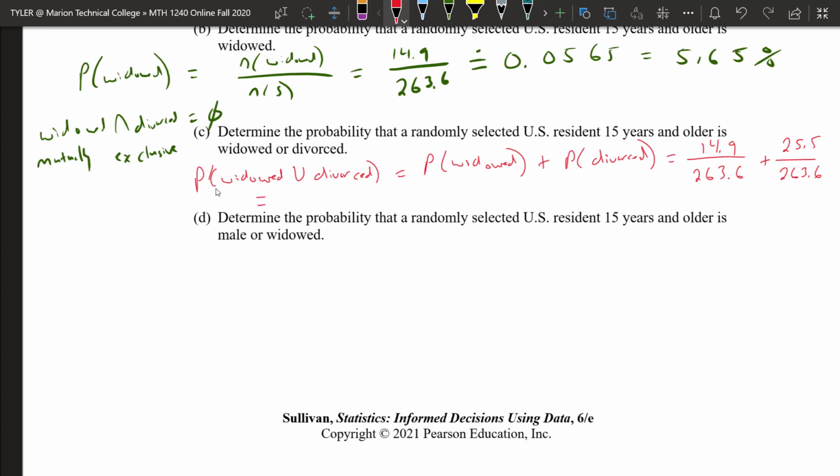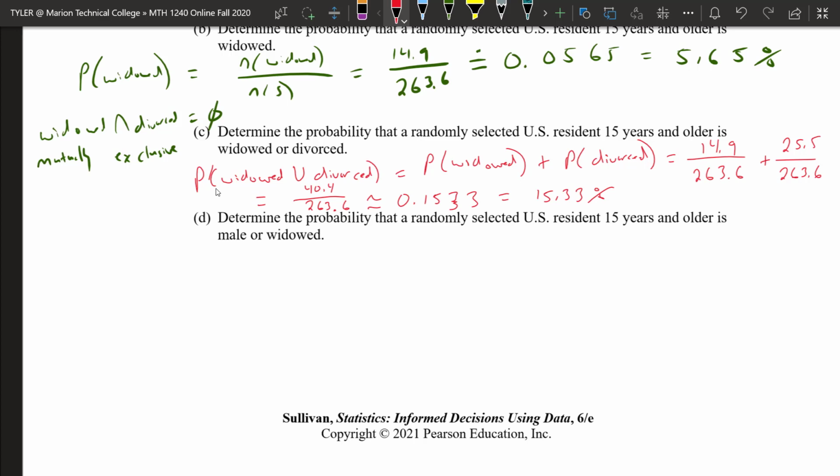So we have two fractions we're adding with the same denominator, so I could just add their numerators together and keep the same denominator. So 14.9 plus 25.5 is 40.4, and that's over 263.6, and that number comes out to be approximately equal to 0.1533, which is equal to 15.33%. So that's the probability of randomly selecting someone who's widowed or divorced.